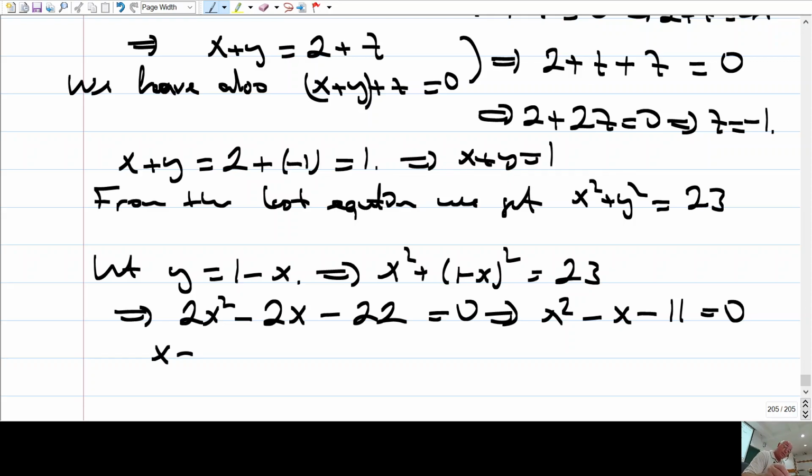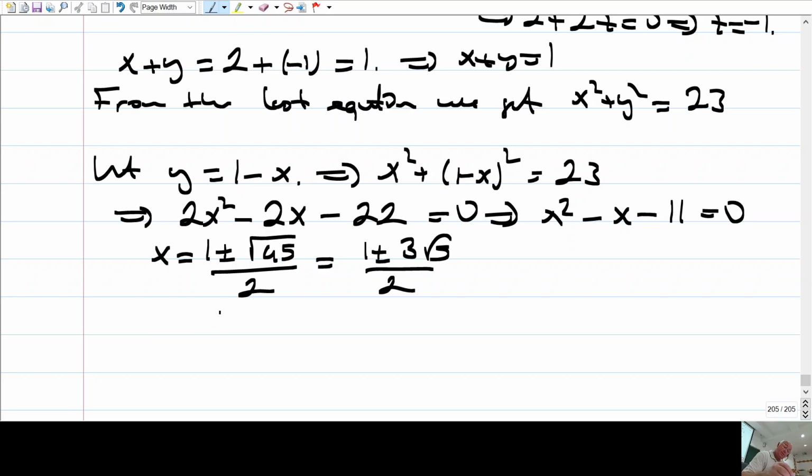Evet, çok hoş şeyler değil. Neyse, yazalım. 1 artı eksi b kare 1 eksi 4 ac, 44 45 bölü 2. Bu da 9 çarpı 5, yani 1 artı eksi 3 kök 5 bölü 2.